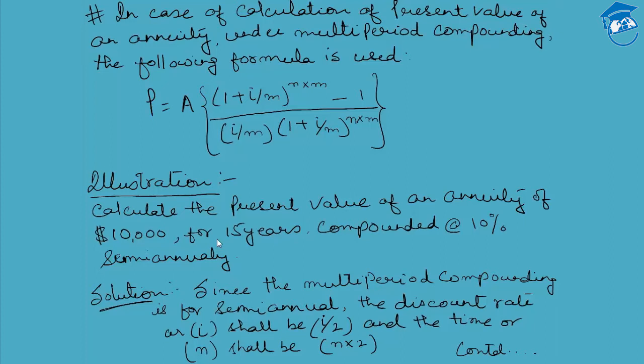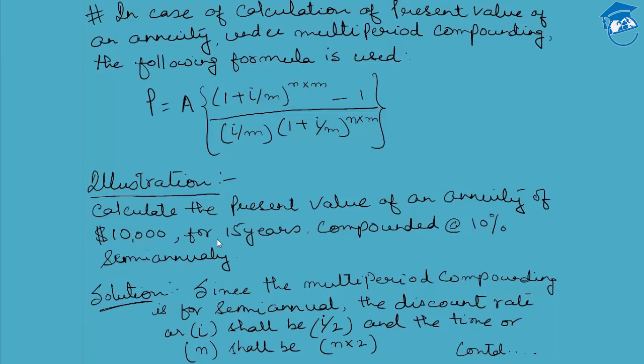So the multi-period compounding involved is semi-annual, and the nominal compounding rate is 10%. We are required to calculate the present value of an annuity amount of 10,000 USD.